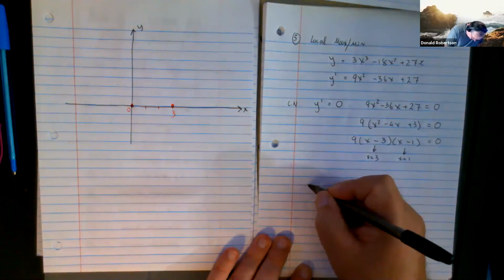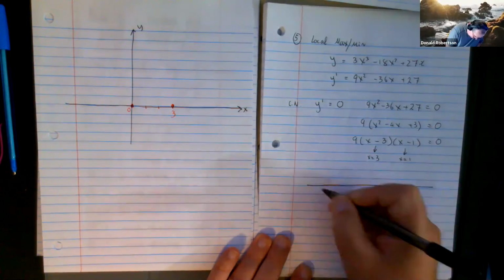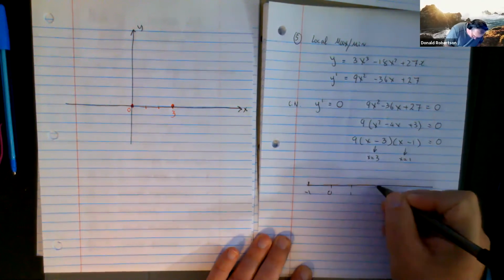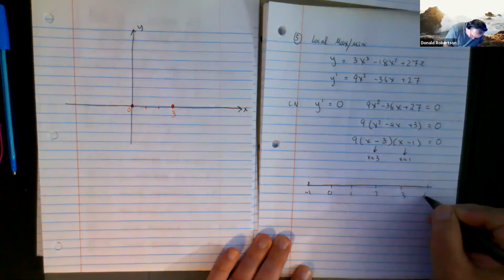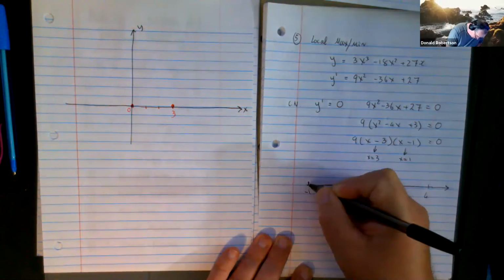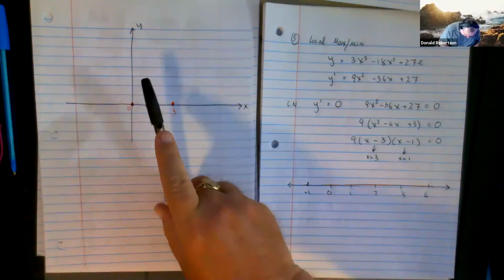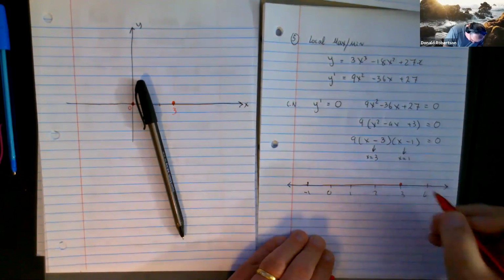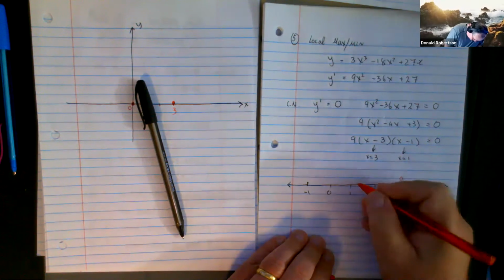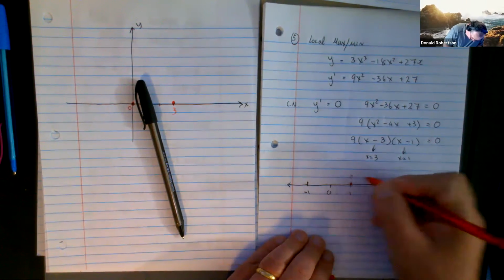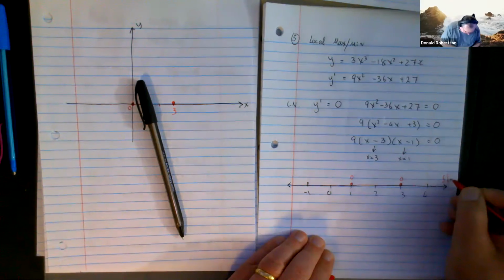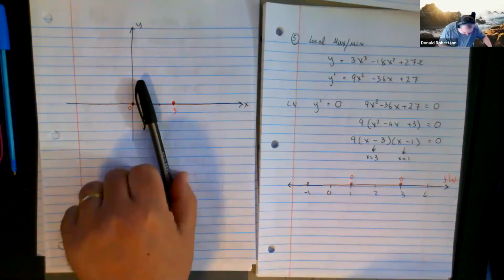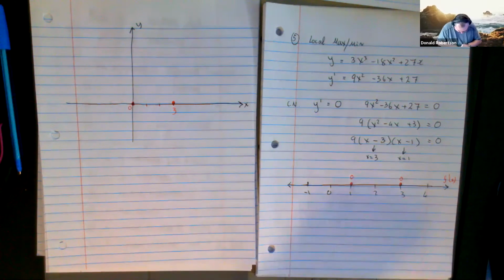And then I'll do my number line, and on it I will do the signs of the derivative. So the derivative is 0 there and 0 there. I'm going to cut some corners here and just do it in my head.